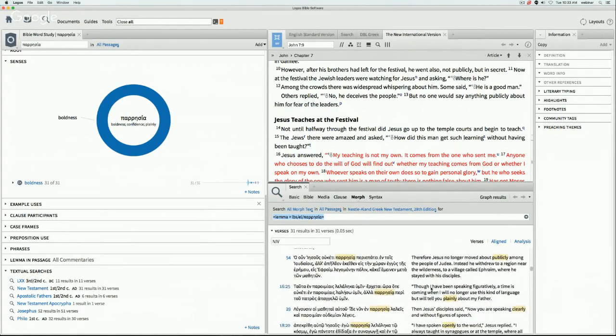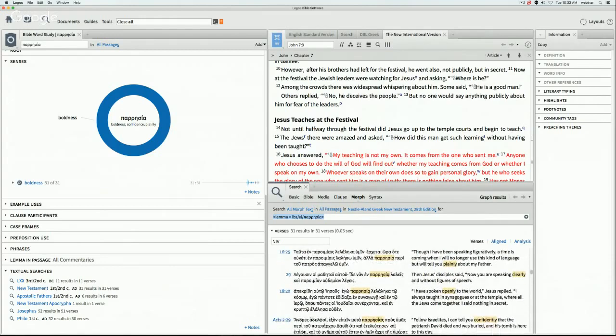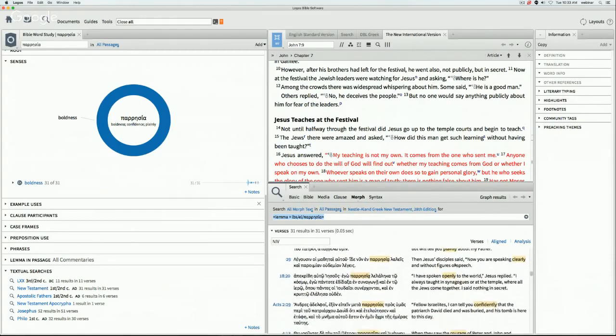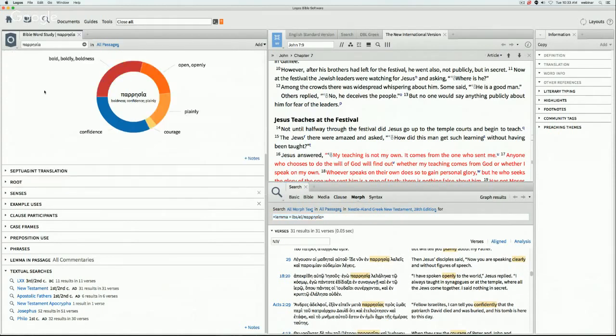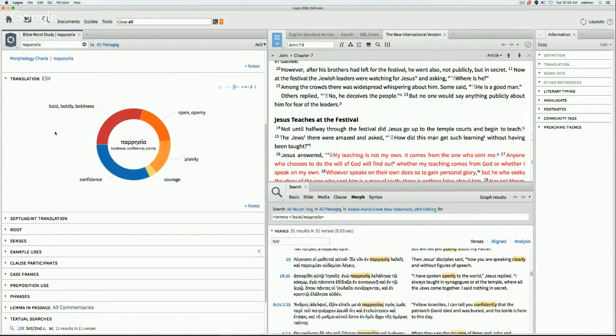As we go through them, we can see that most of these references of parousia are about Christ, where he's speaking openly and boldly. And we can see that perhaps more plainly if we go to the translation ring here in the Bible Word Study Guide.